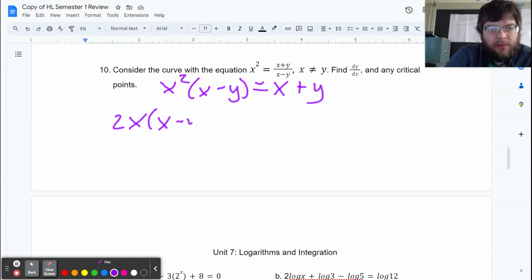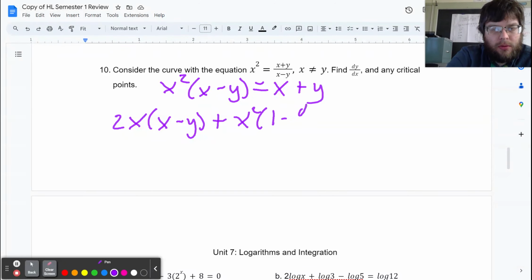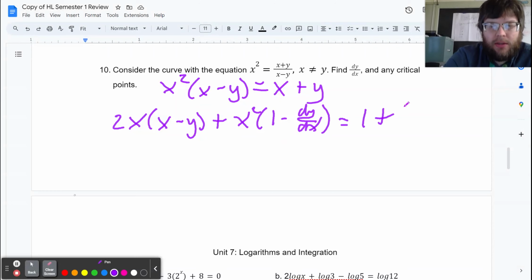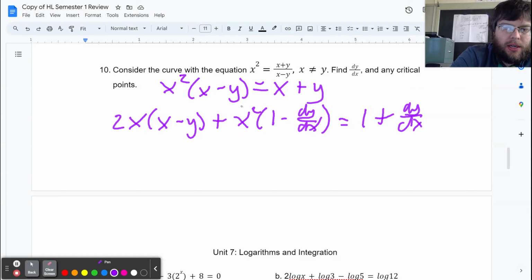So here's the derivative of the left side. I'm doing the product rule. The derivative of the right side. I'm going to distribute out x squared, and I'm going to distribute out 2x.